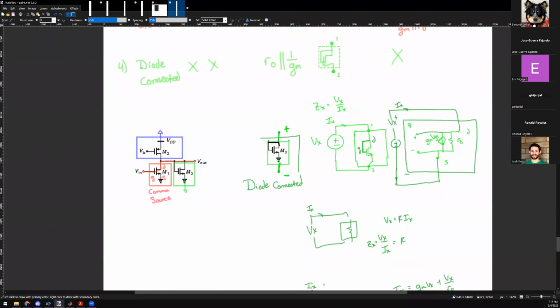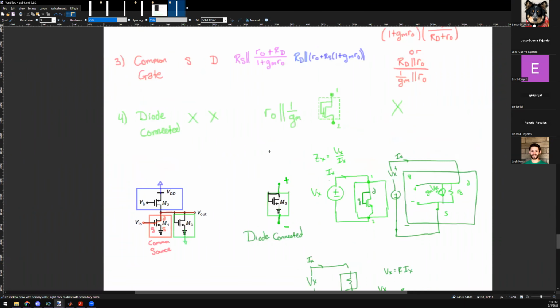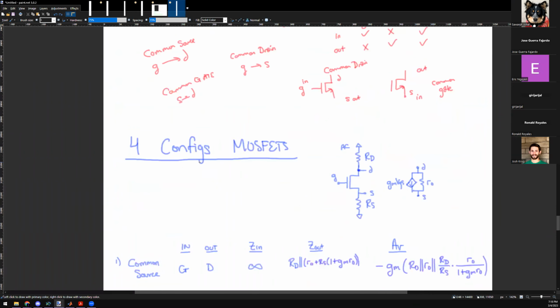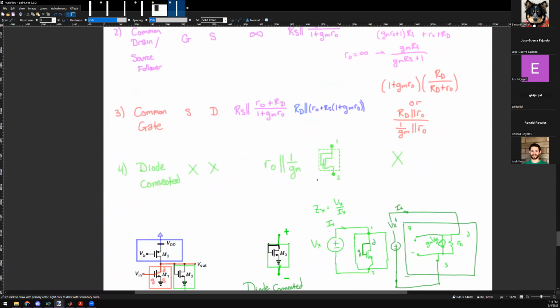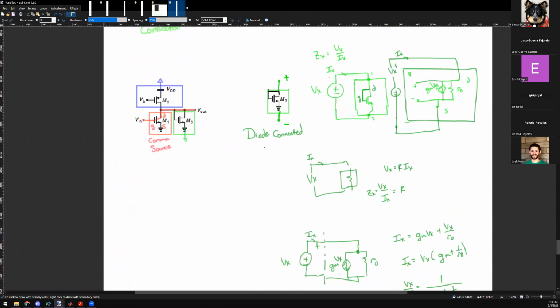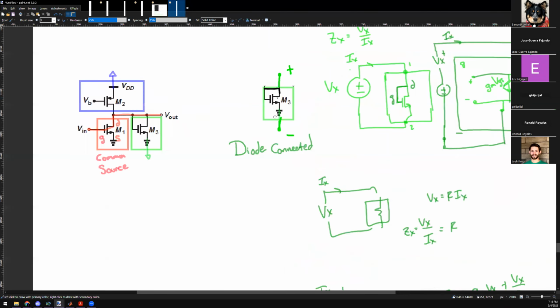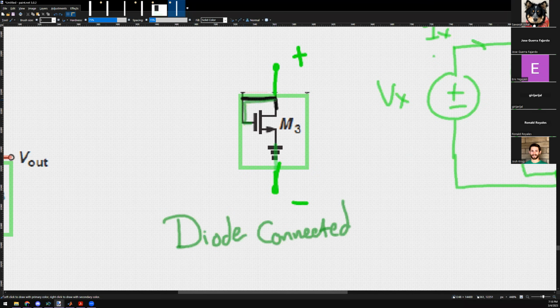And what's the impedance of a diode connected device? A MOSFET is a 3-terminal device. But if I short 2 of the terminals, how many terminals are left? I don't mean the dangling source.